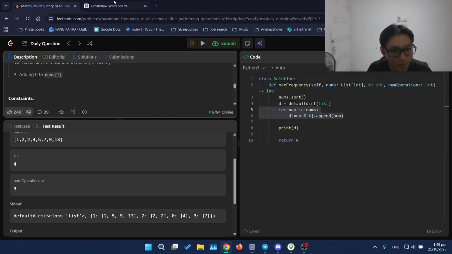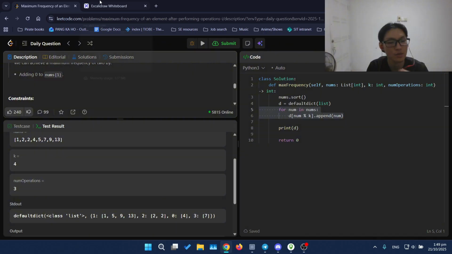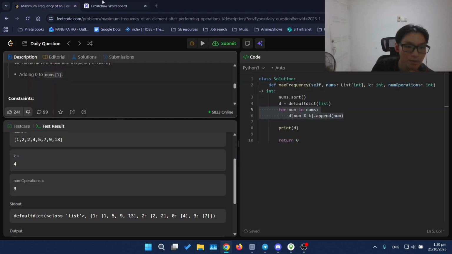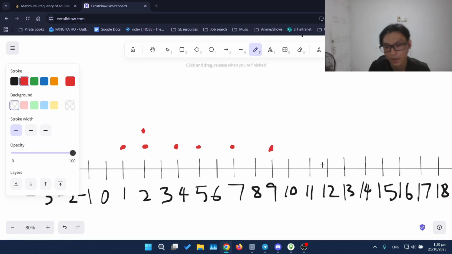Wow, I hope everybody can see what's going on. 1, 2, 2, 4. 5, 7, 9, 13.